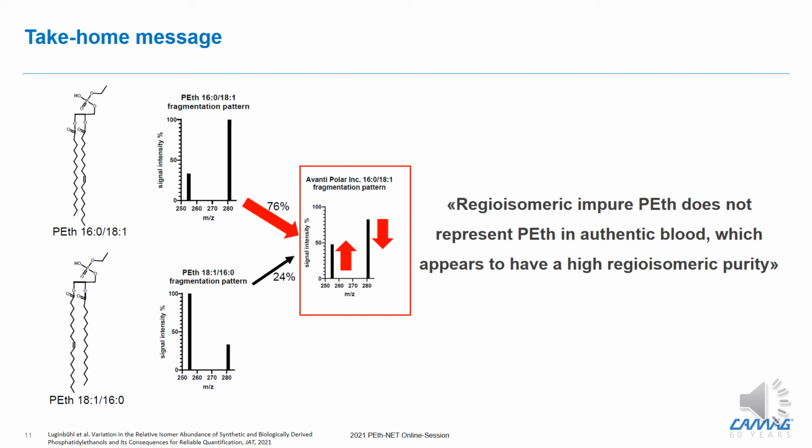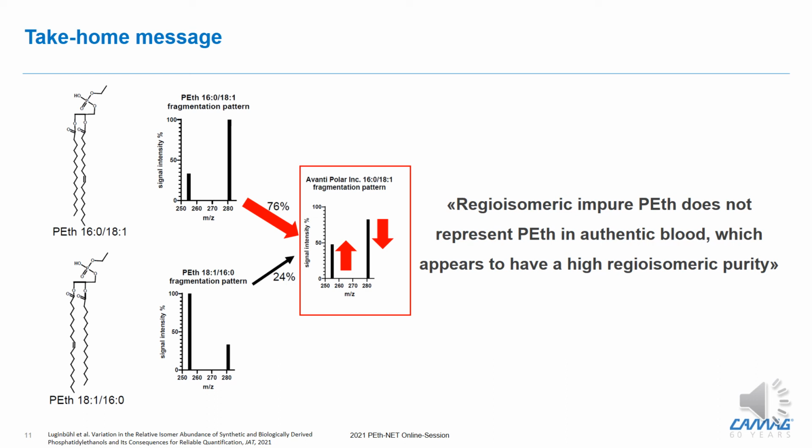We see the fragmentation pattern of pure PEth-16:0/18:1 and the fragmentation pattern of pure PEth-18:1/16:0. Within the red frame, we see the fragmentation pattern of the non-regioisomerically pure Avanti Polar reference material, which is sold as PEth-16:0/18:1, but which is actually a mixture of 76% of PEth-16:0/18:1 and 24% of PEth-18:1/16:0.